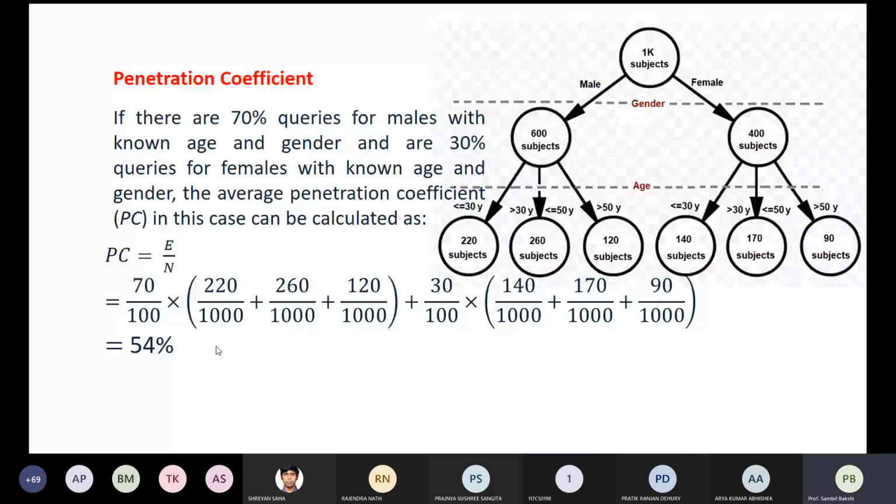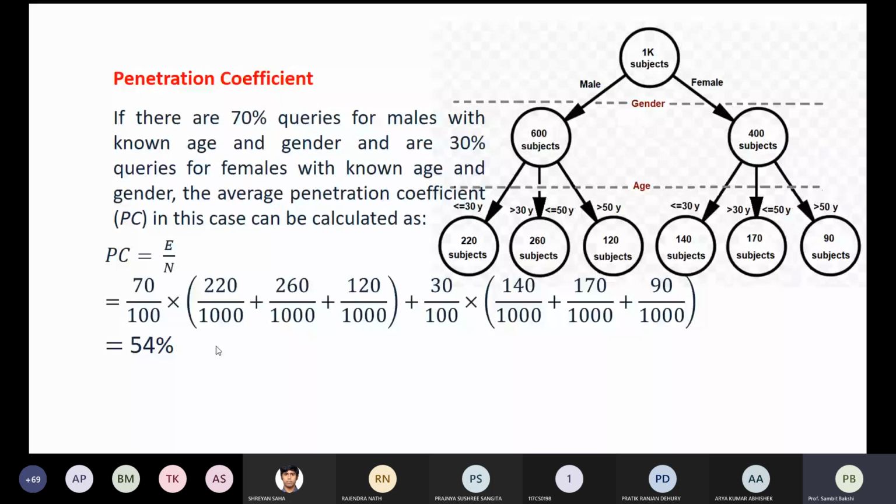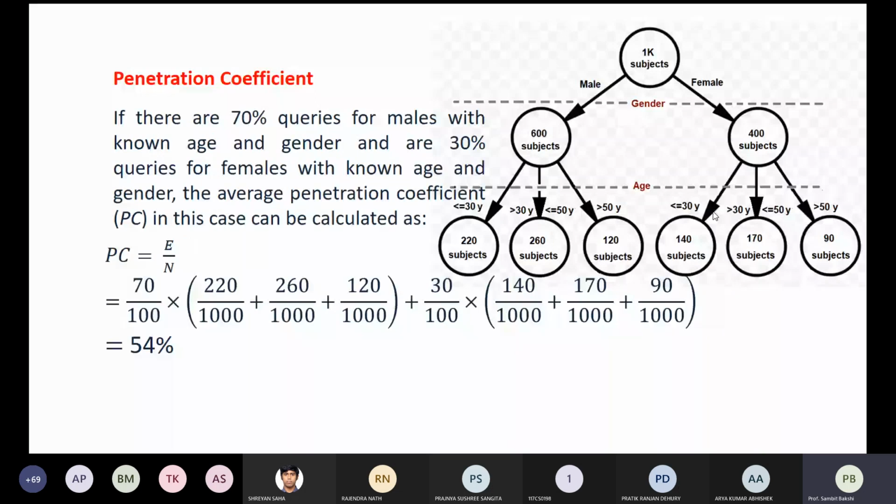From this question to this question, the only change is that previously 50% of queries were here and 50% were here. Now the rate has changed to 70% and 30%. That 50:50 ratio is now changed to 70:30. As a result, we are finding a change in the penetration coefficient.